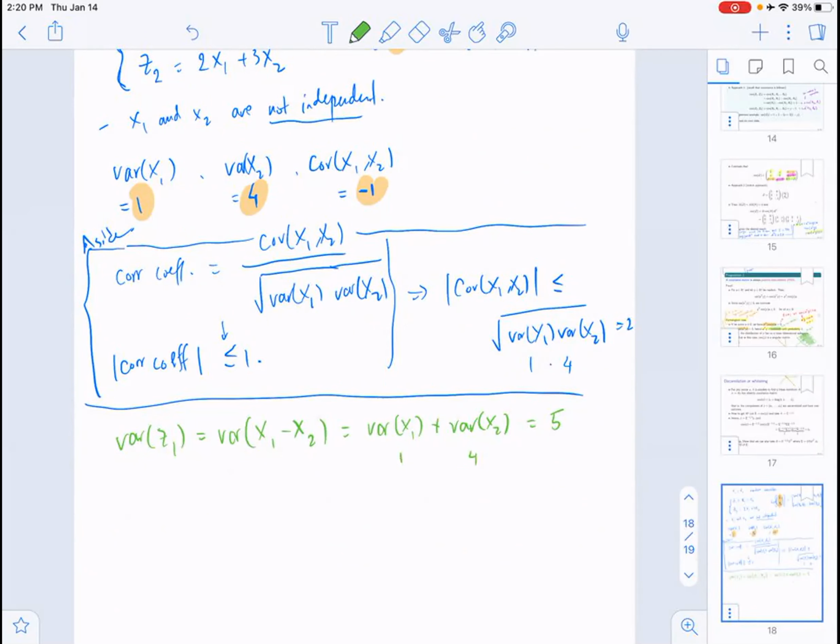So is this okay with people? Let's stop here. Is everyone happy with this calculation? Everyone okay?